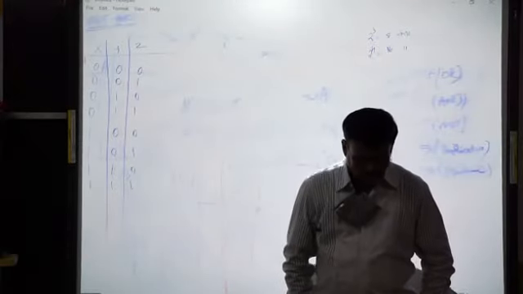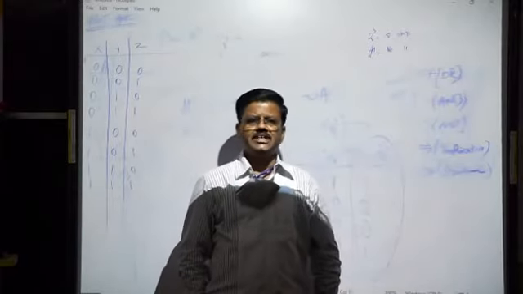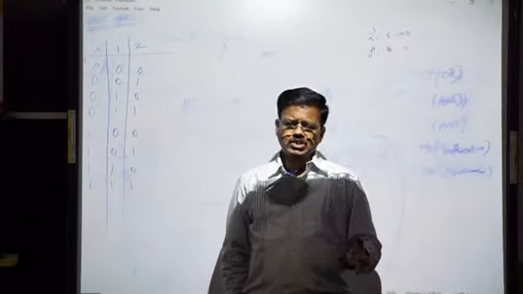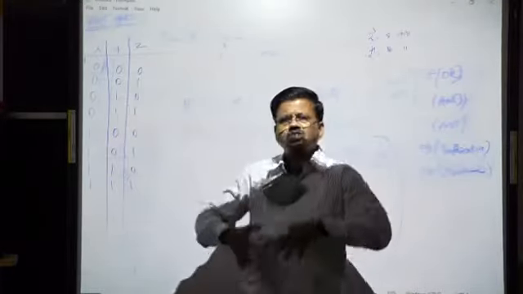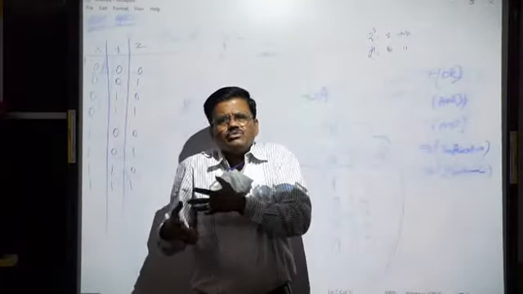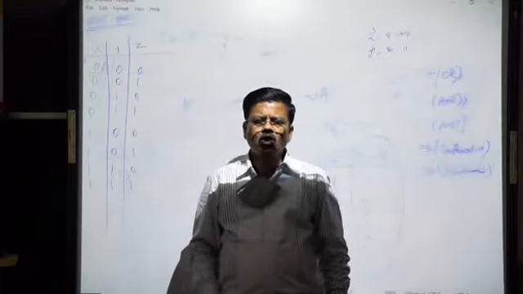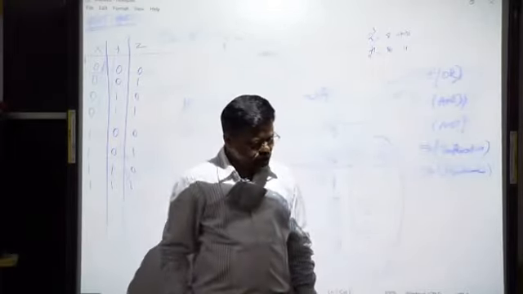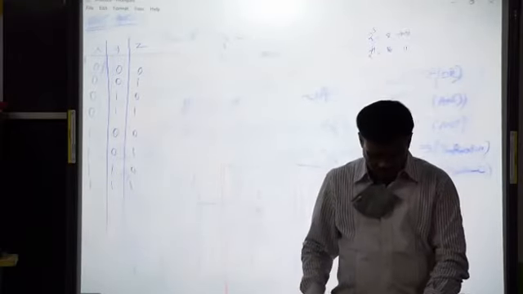Then, contradiction or fallacy or falsity. Contradiction or fallacy means that instead of ones, if you have all the 8 zeros, it is known as contradiction or fallacy. If you have all of them 1, it is called tautology.